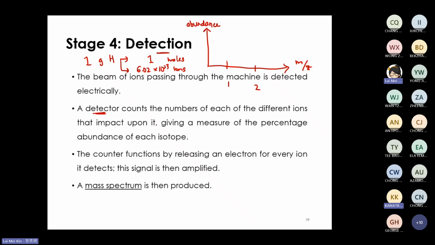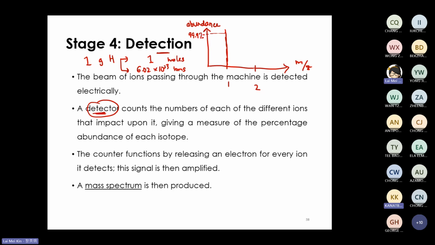Every time a hydrogen-1 hits the detector, I form a peak. The more hydrogen-1 I have, the higher the peak that is formed, until maybe it's around 99.9%.